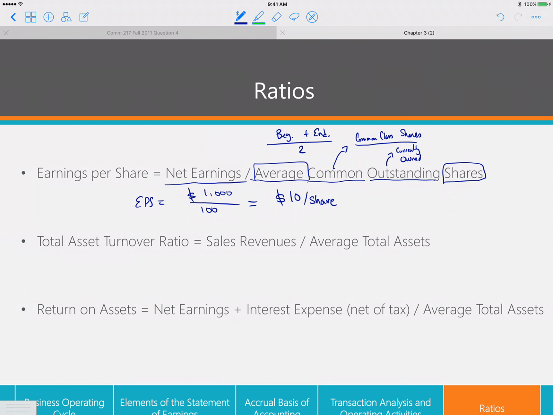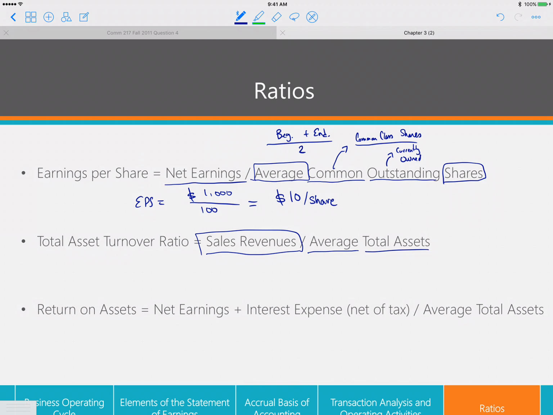The next ratio is the total asset turnover ratio. And this is sales revenue, right? So it's the top of our income statement divided by the average, remember, beginning plus ending over 2, total assets. So this ratio measures the sales generated for each dollar of assets, right?